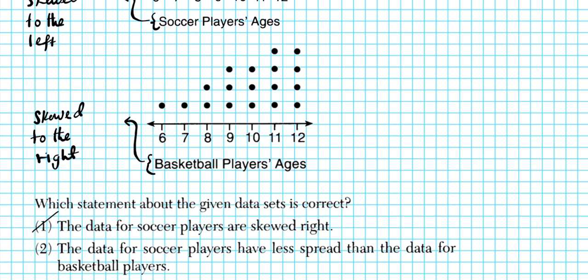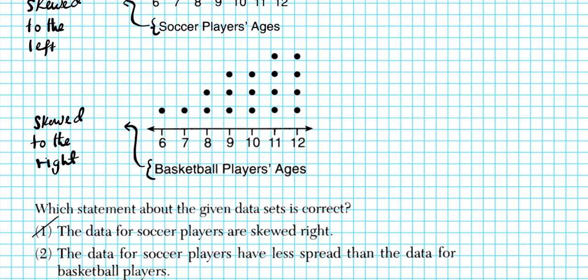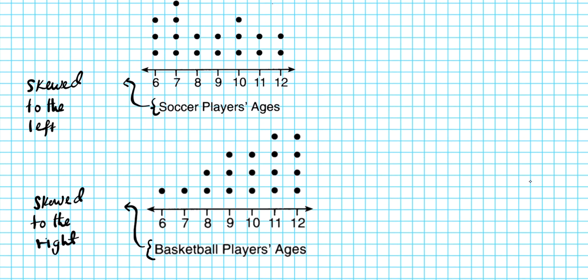The data for soccer players is not skewed right. It's actually skewed left. Question 2: does the data for soccer players have less spread than the data for basketball players? Basically, for the spread we're looking at the numbers that have data points on them.